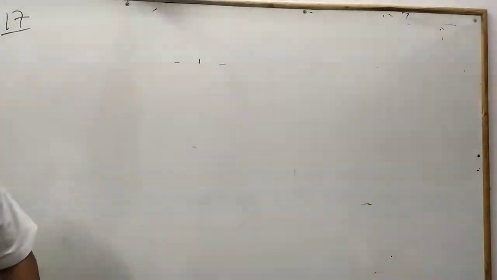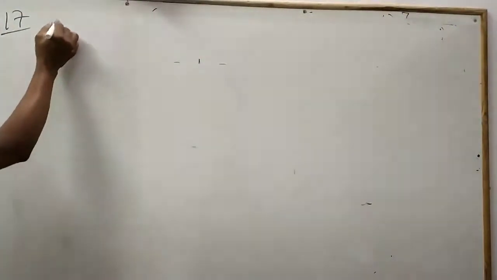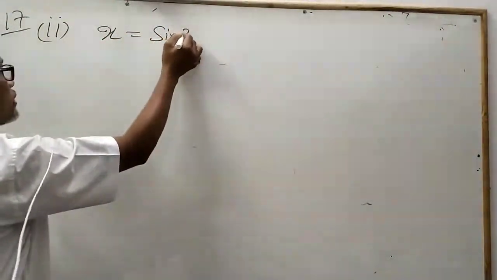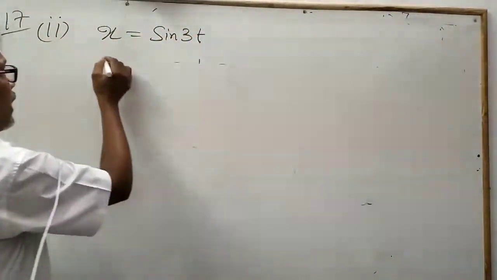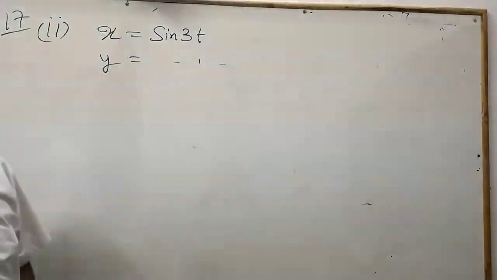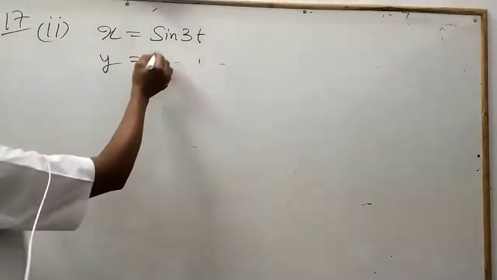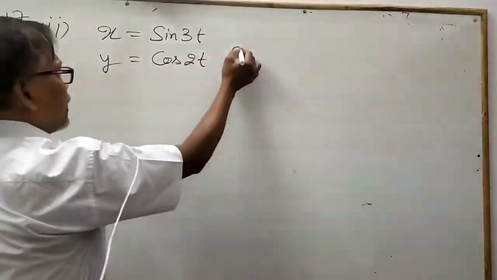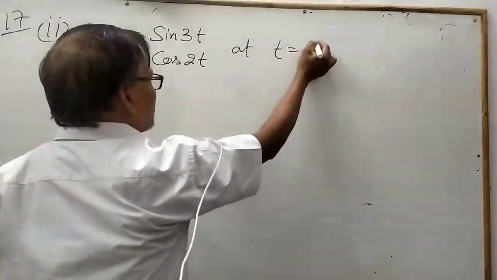First part, second part. Find the equation of the tangent to the curve x is equal to sine 3t and y is equal to cos 2t at t is equal to pi by 4.